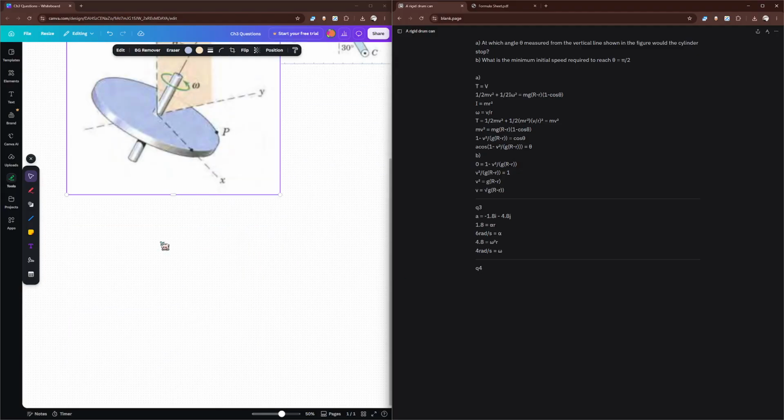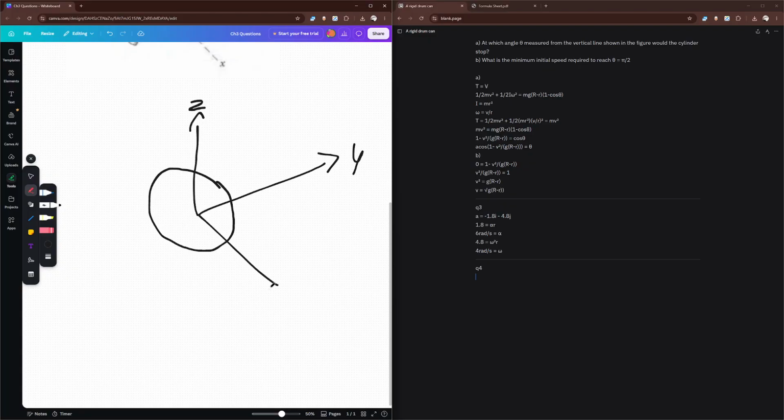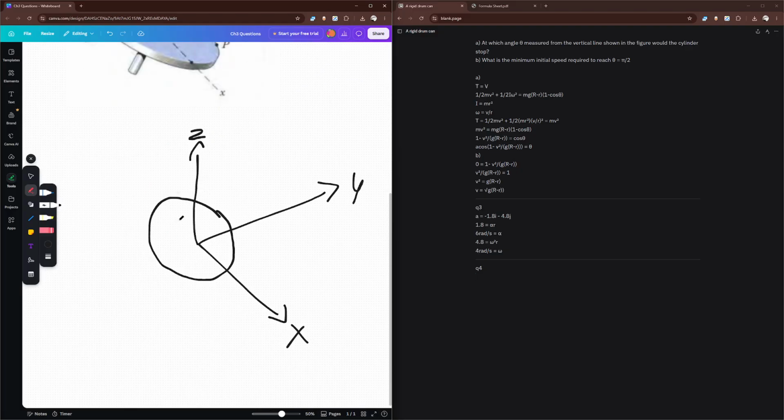First we need to draw, because this is an interesting shape. So we have this disk, and then we have our z-axis, our y-axis off this way, and our x-axis off this way. That's just a copy of what we have there. We know that we have this axis offset at angle theta, and we know that P is right here.